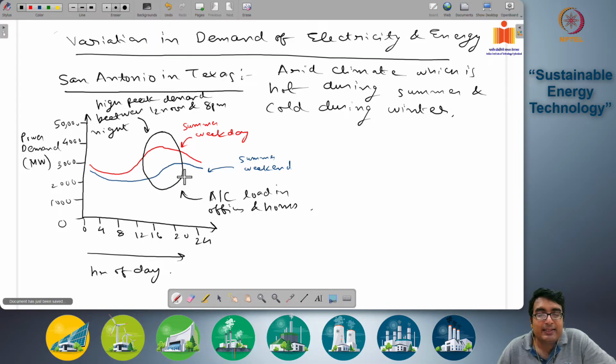So this creates a peak load which is around 4000 megawatts, whereas the base load, which is the mean load in the non-peak hours, is around 3000 megawatts. So 1000 megawatt extra load can occur during the peak summer afternoons because of the extra air conditioning load.